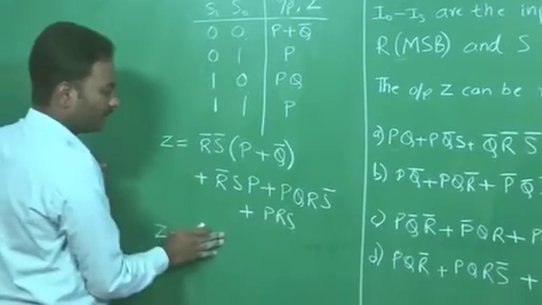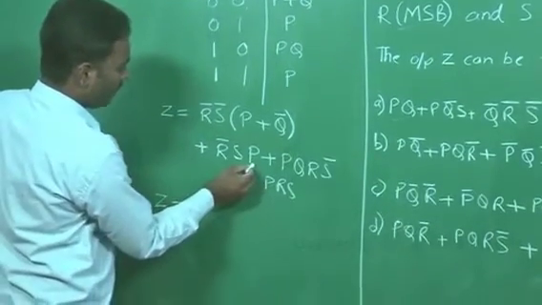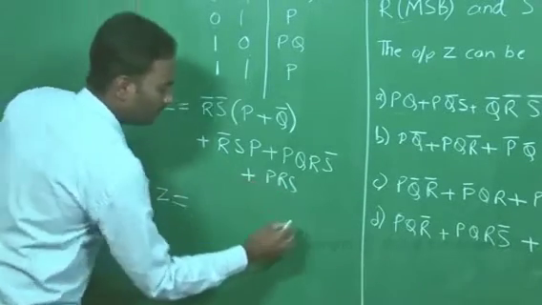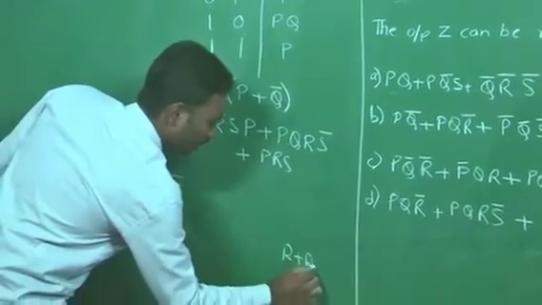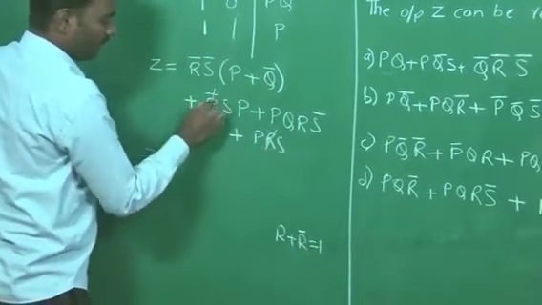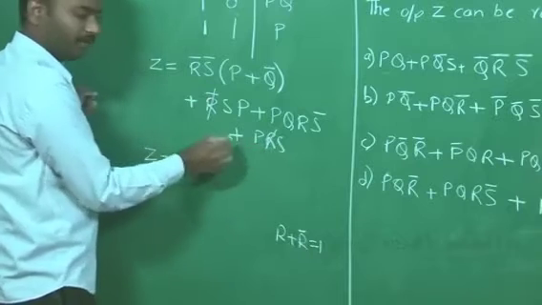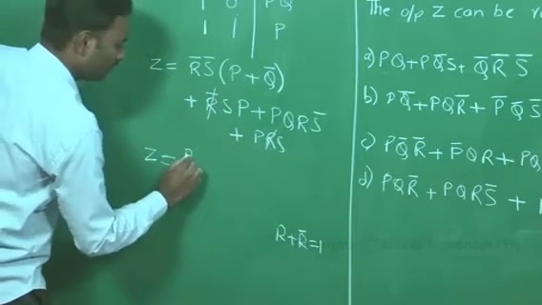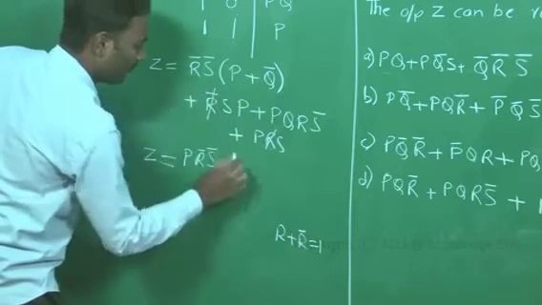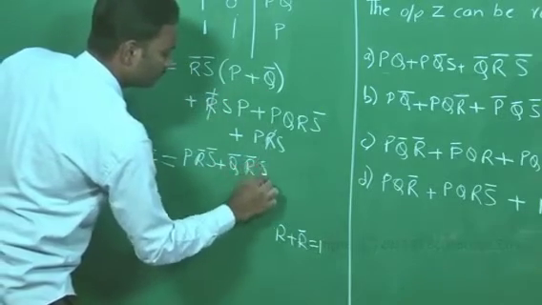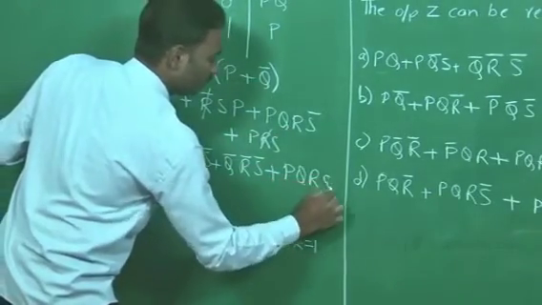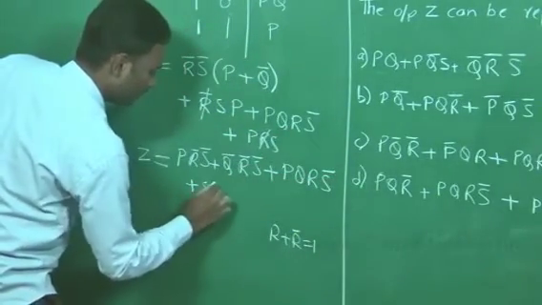By minimizing this expression, we can see here we have R bar into SP here, and we have R into SP. So as R bar plus R is 1, we can eliminate R and R bar from here, and we will be remaining with S and P. So the remaining expression we can write as P R bar S bar plus Q bar R bar S bar plus the next term here is PQRS bar, and the last term SP.